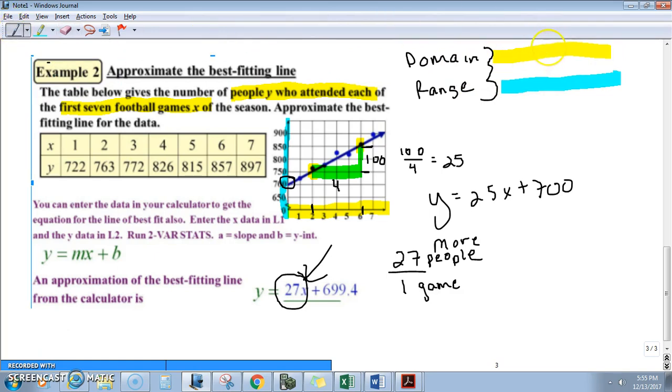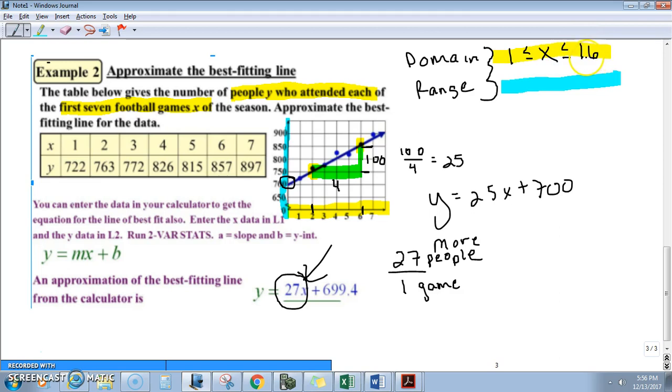So our domain, our x value, is greater than or equal to 1 game, right? And less than or equal to, it says the first 7 football games of the season. I don't know how many games are in a whole season of football, but let's say 16. I'm sure you guys will tell me if I'm right or not. Less than or equal to 16, because we can go up to 16 games, right?